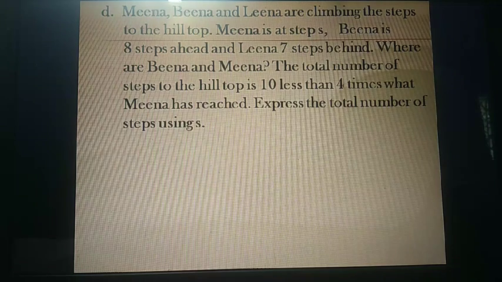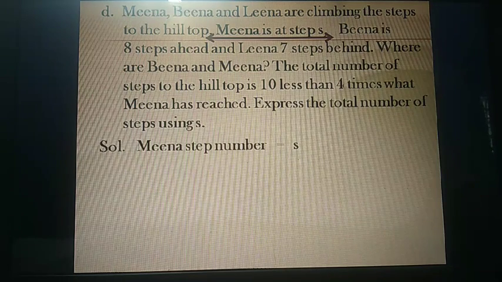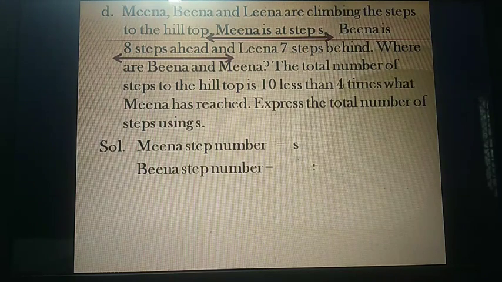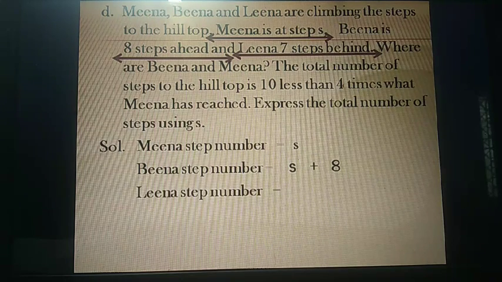Express the total number of steps using S. So Meena is at step S. Meena's step number is S. Beena is 8 steps ahead, means we have to add 8 to Meena's step to get Beena's step number. Whereas Leena is 7 steps behind. Behind means minus 7 of what? Of Meena, that is S.